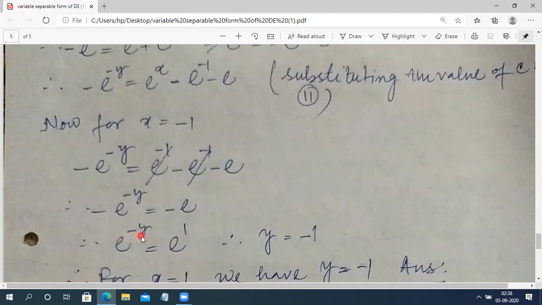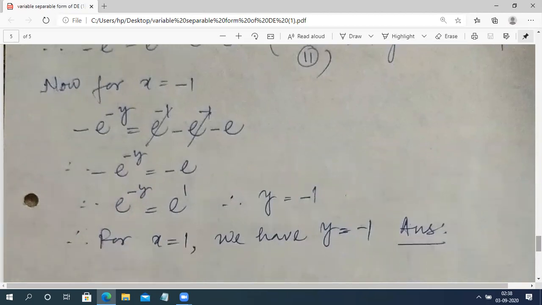So the base is the same, so the indices will be the same. So y is equal to minus 1. So this is our answer. That means when x is equal to minus 1, y will be equal to minus 1.